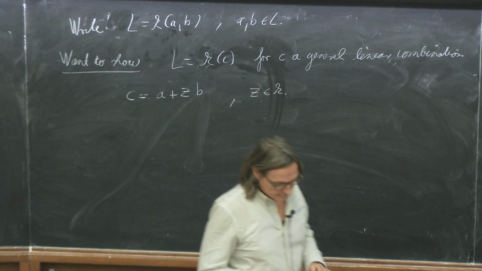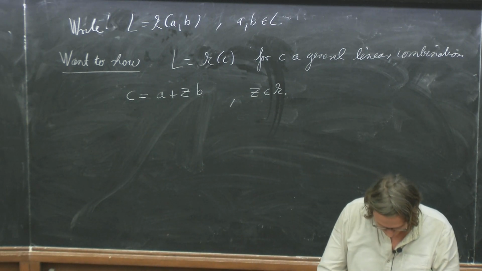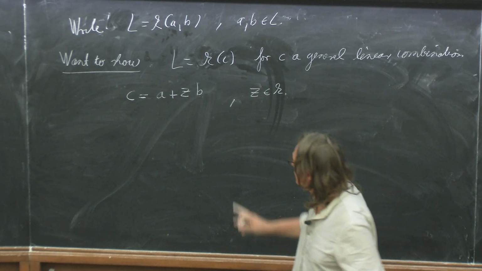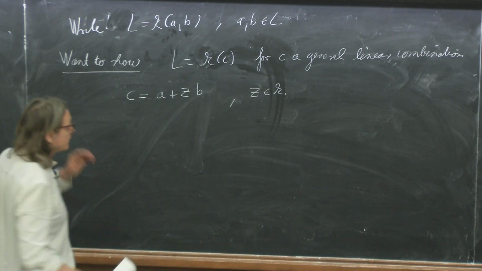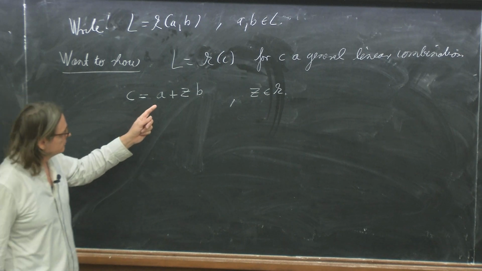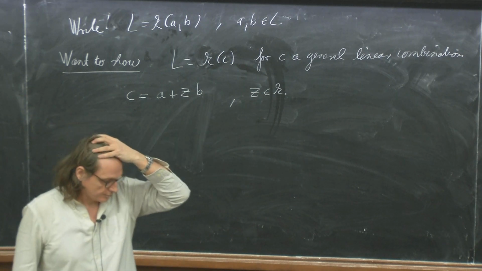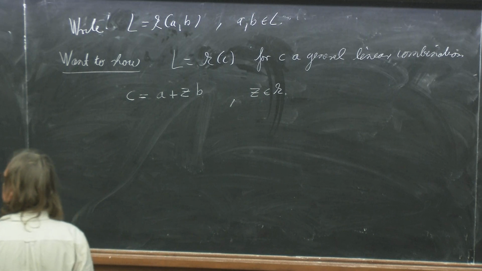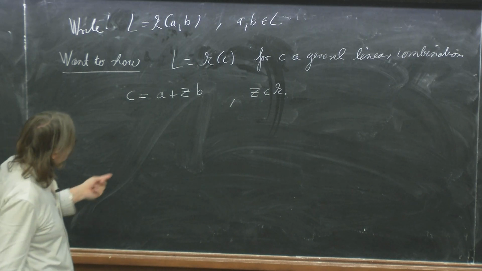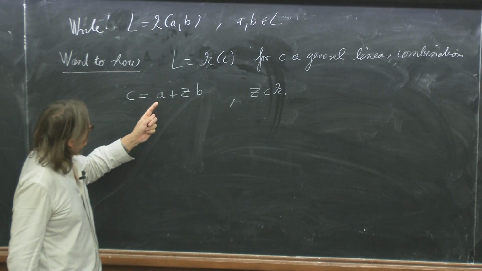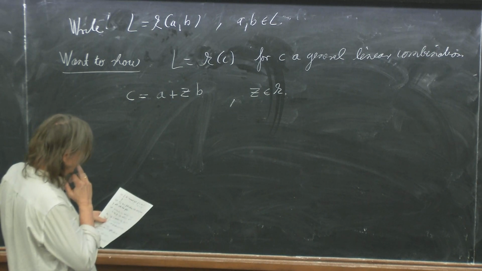OK, now we have to see why this might be the case. So we have these elements a and b. So now we have to analyze a little bit. We eventually will also have to use the fact that this is separable. At the moment, we don't see why this has anything to do with anything. And so let's see.